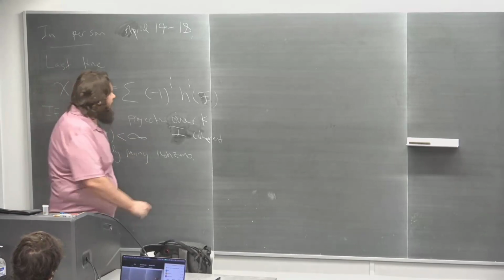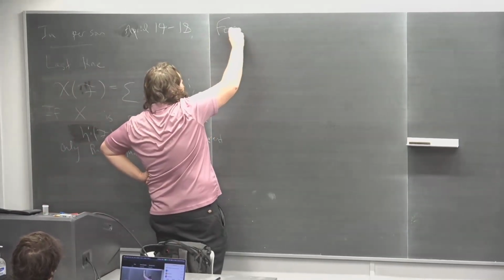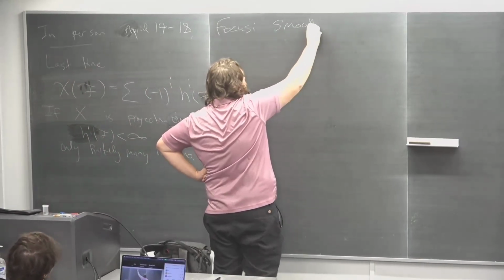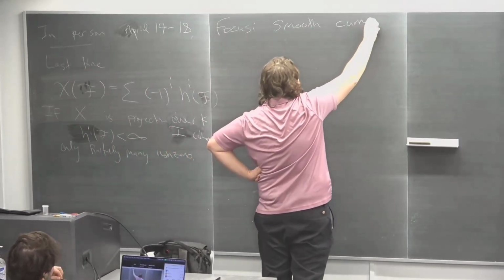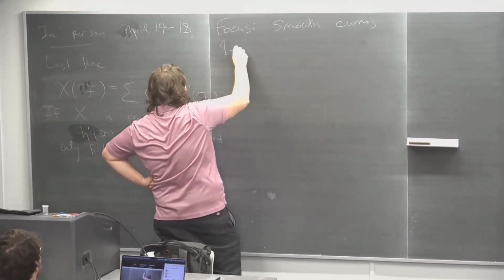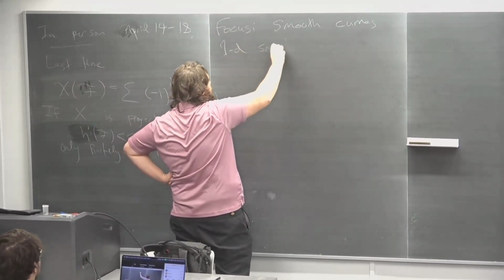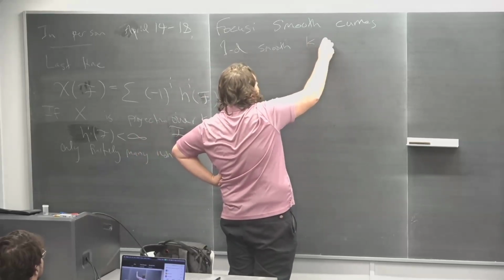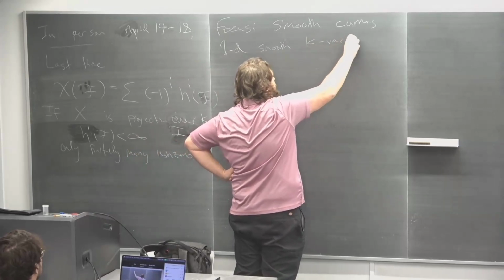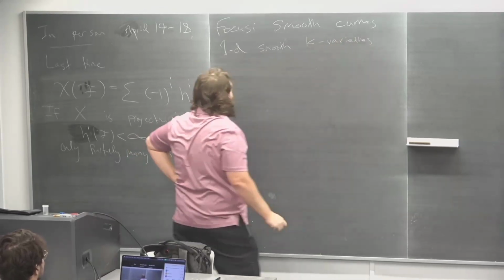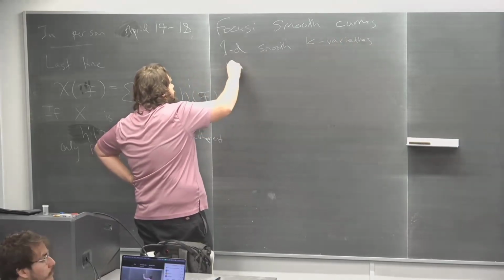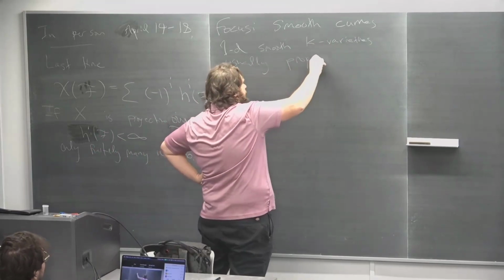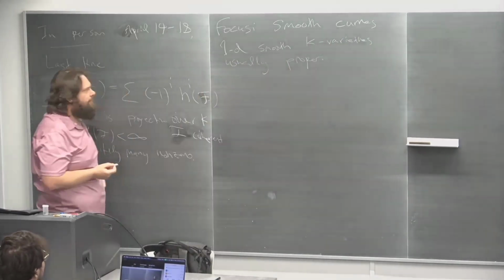So we've been talking mostly about smooth curves, that's 1D varieties, and usually we've been assuming that they're proper. Sort of makes life a little easier.